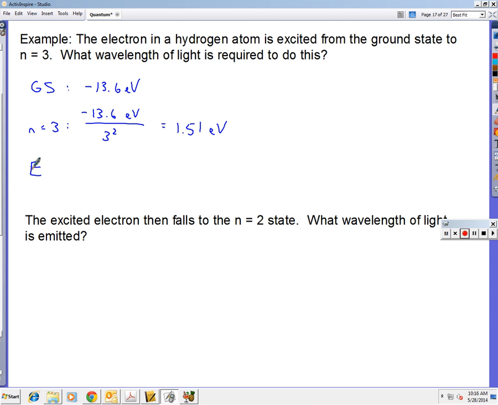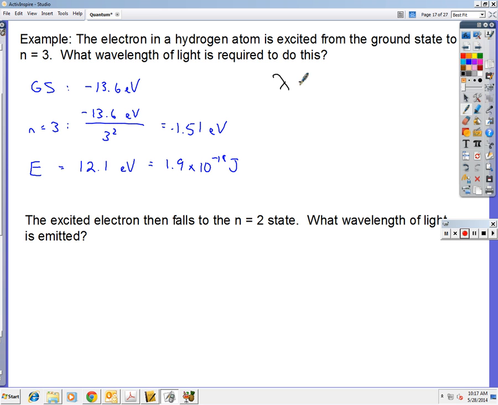And that means the photon energy is equal to the difference between those. So this particular photon has an energy of 12.1 electron volts, which is 1.9 times 10 to the minus 18 joules.